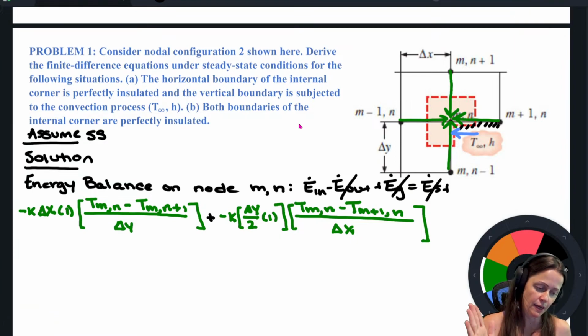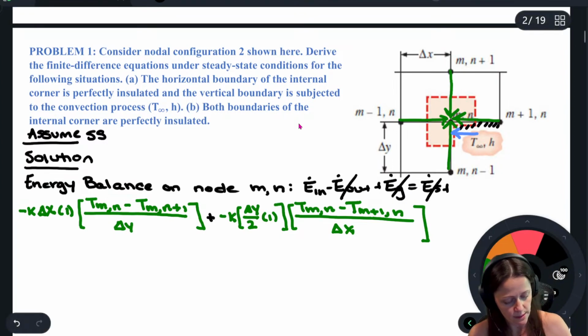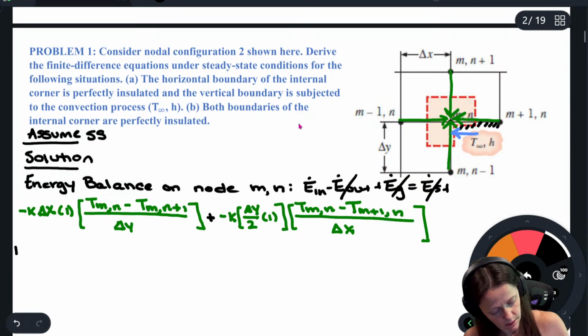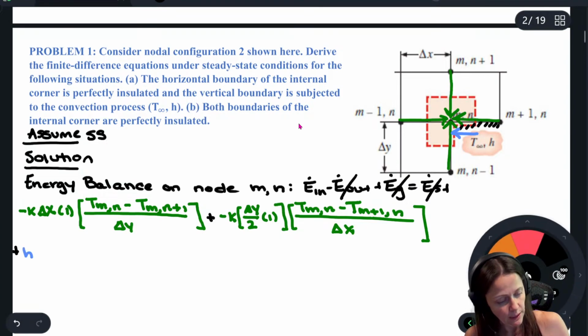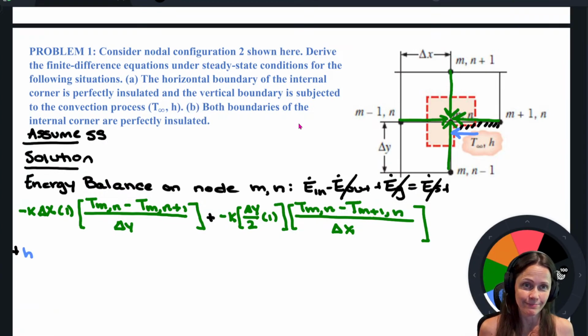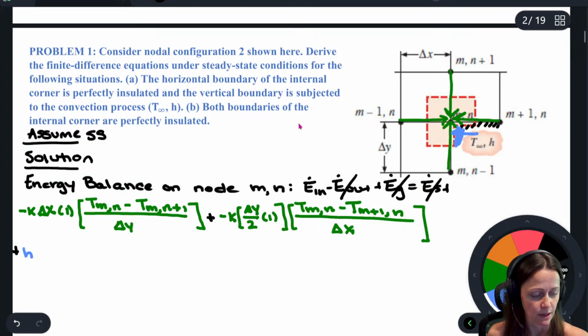All right, and then coming up from 6 o'clock, actually, we'll do the convection as well. So Newton's law of cooling, it's going to be h times the area. Again, it's just a half area, so it's just this half area right there.